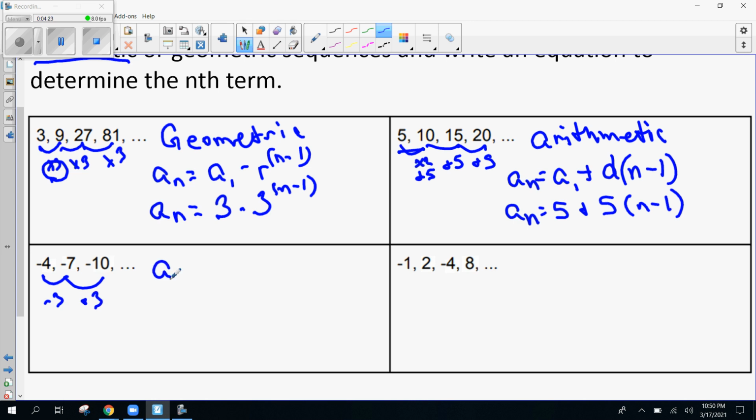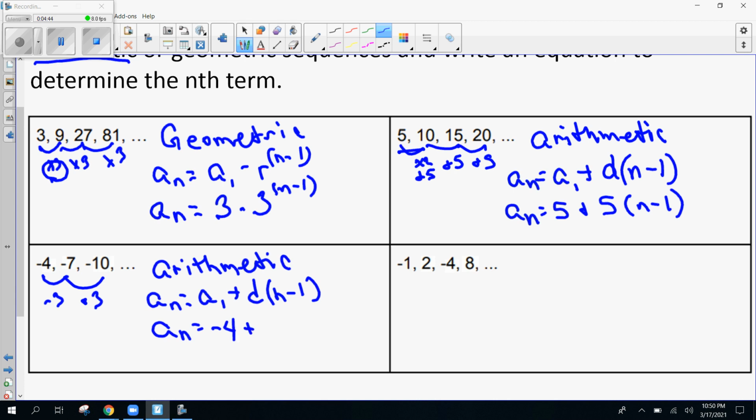So because we're adding, it's an arithmetic sequence, and we need to plug into the arithmetic formula, which you should work on knowing. When we plug in, our first number is -4. The difference is -3, times n minus 1.